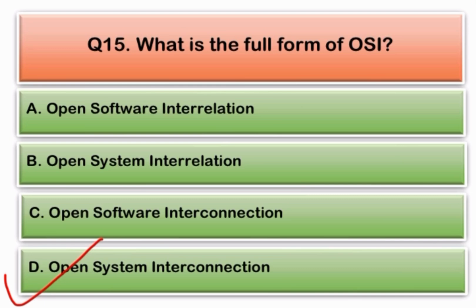It has various layers. It has 7 layers. We will discuss it in coming videos. So, here D option is correct for question number 15. OSI has full form Open System Interconnection.